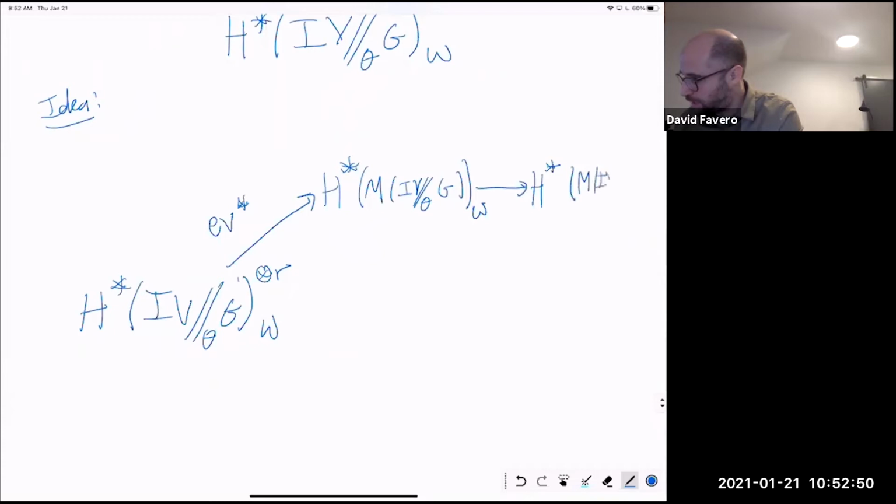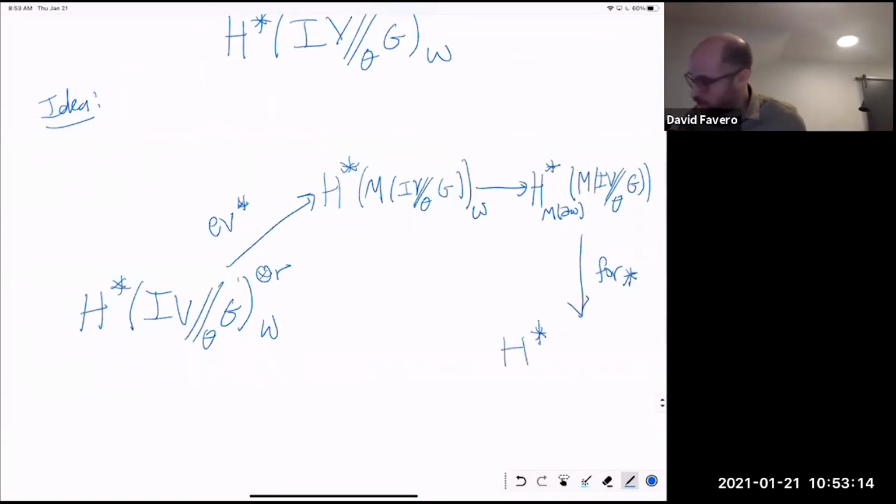And one other thing happens. You land in the cohomology with support on the critical locus, maps to the critical locus. And that's proper over MGR bar, so you still have a push forward.